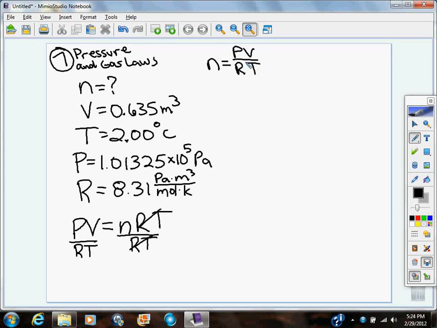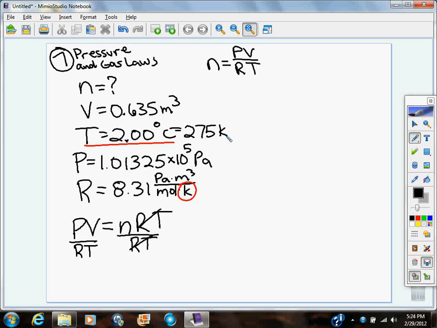Now one thing to note here, R is in Kelvin, and if I look up here, my temperature is given in Celsius. So I do need to do a conversion on that, remembering that we add 273 to convert Celsius to Kelvin. Our real temperature is 275 Kelvin, which is equal to 2 degrees Celsius.